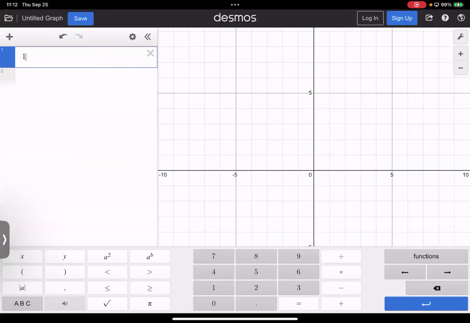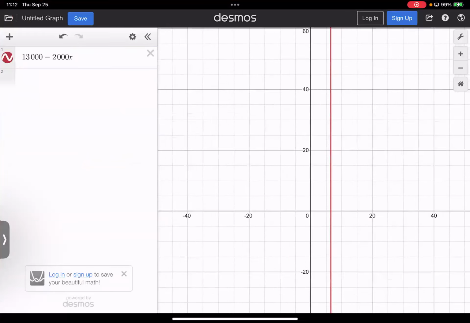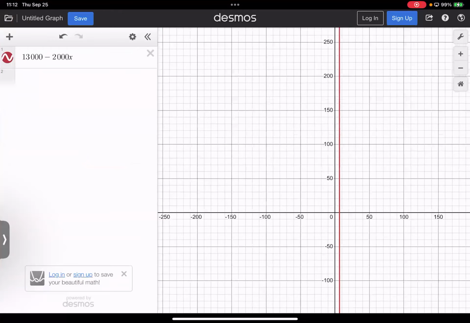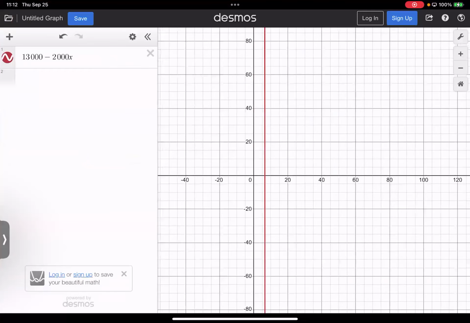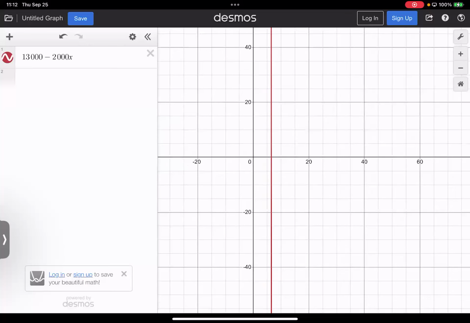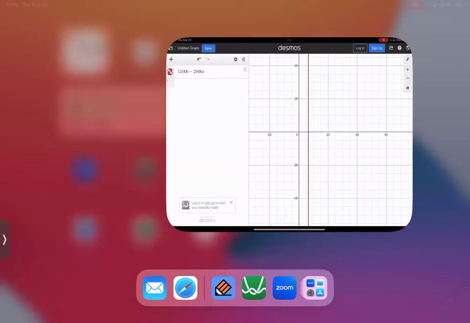That's a good place to start. And then I could graph $13,000 minus 2,000 X. Doesn't look very good. It is a line. It's going down like this, but that didn't help, did it?